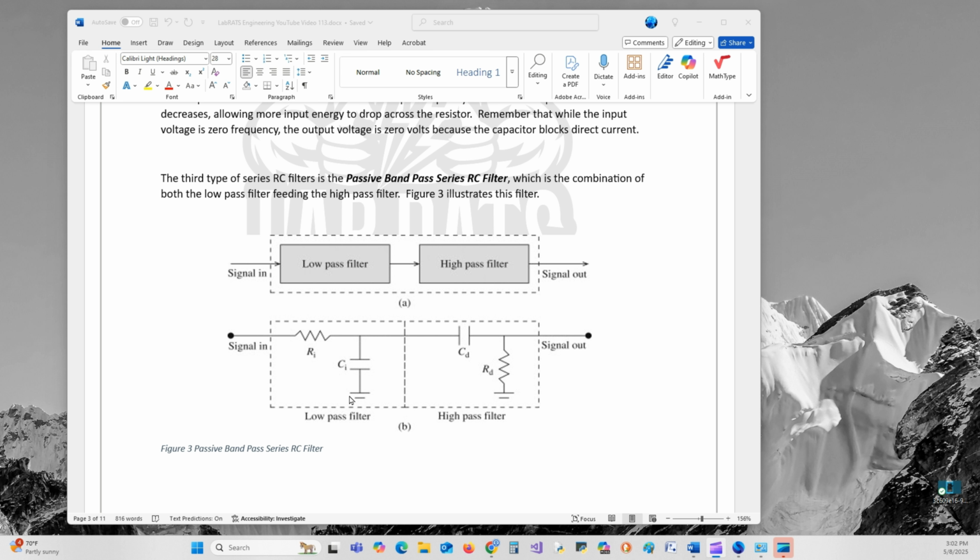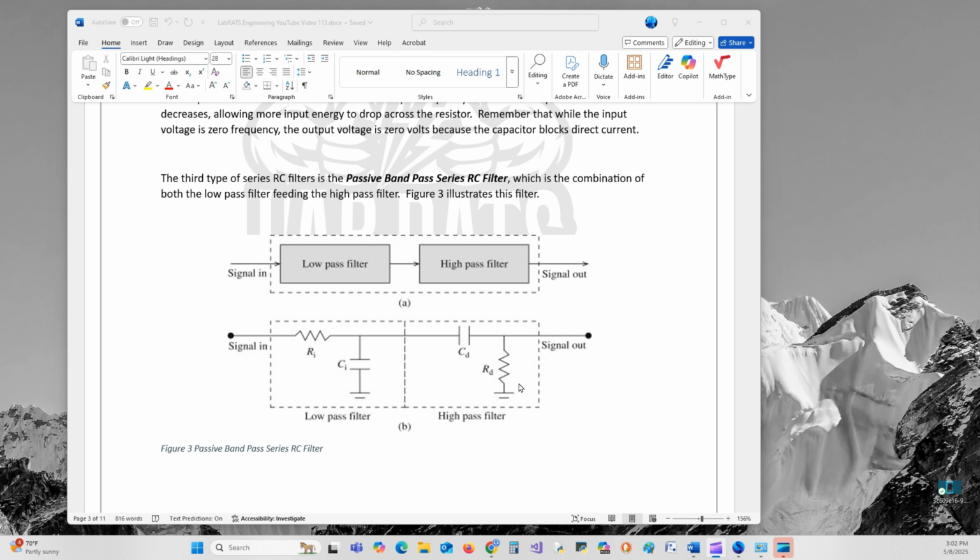So that becomes the upper boundary of our filter. And then the high pass passes everything above. So the FL will be our high pass filter's cutoff. And as you can see that right here.